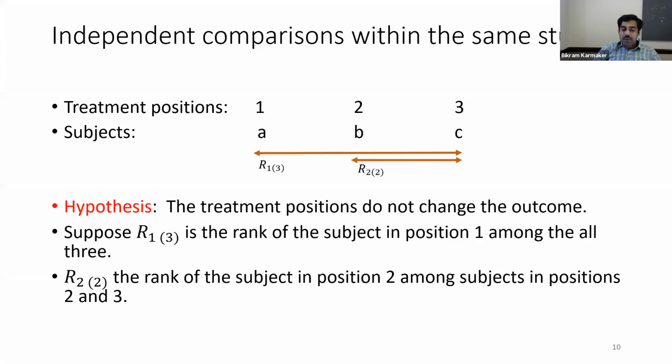Suppose the hypothesis you are interested in is that the treatment positions do not change the outcome of the subjects. Let's consider R1(3) to denote the rank of the subject in position 1 among all the 3 units, and R2(2) is the rank of the subject in position 2 among the subjects in positions 2 and 3.